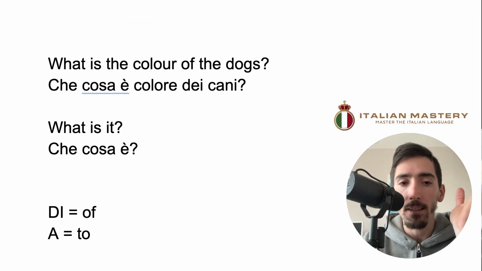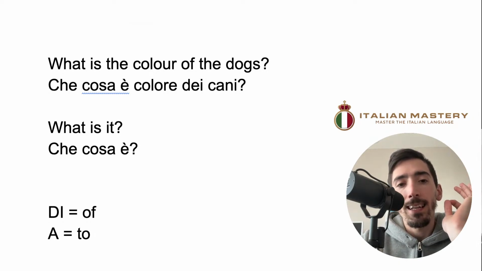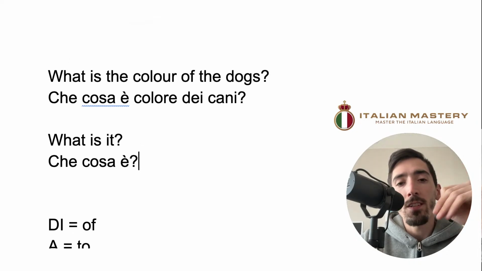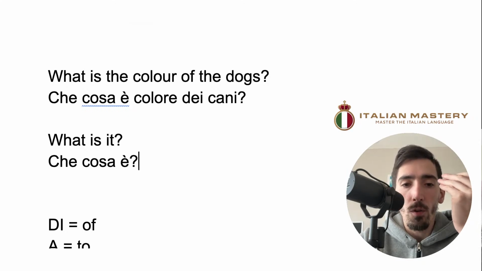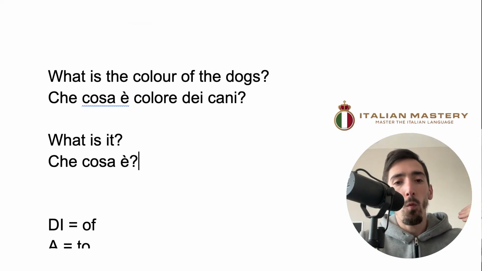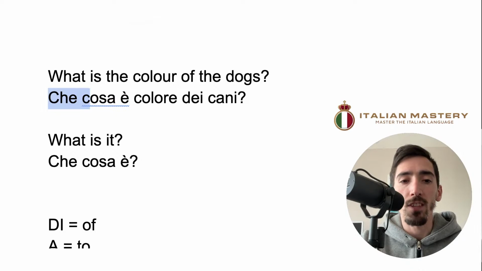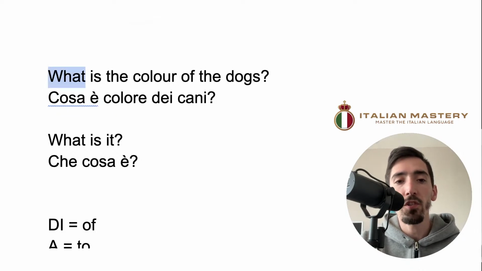Indeed, that's correct. But I'm not asking what is the color of the dogs as in what is the word color, I'm asking what is something, not what is it. So it's cosa.